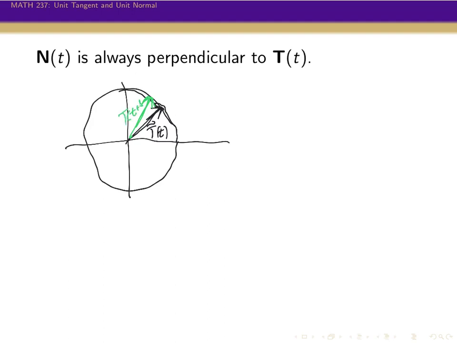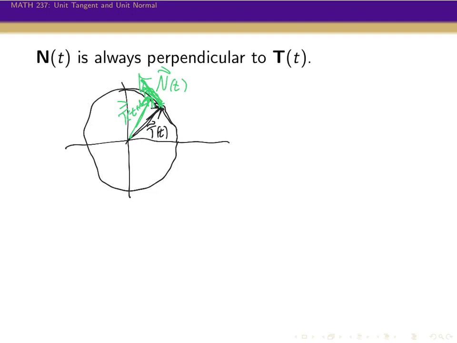So let's call that T of t plus delta t, right? And so what's the change? The change is moving along that circle, right? And so if you're moving along the circle, you're going to be moving perpendicular to it, right? And so the unit normal vector is going to be going that way. It has to be. Okay, so that's sort of the geometric way of thinking about it.